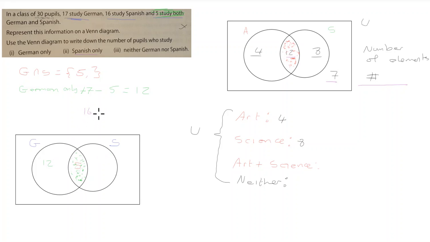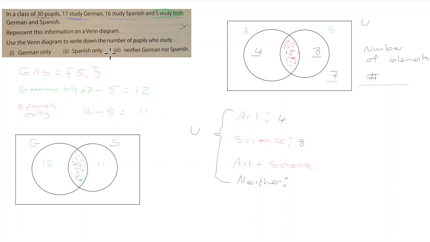So we have to subtract that 5 away from this as well. 5 subtracted is equal to 11. So we have 11 students that study Spanish only. So 16 minus 5 is equal to 11.